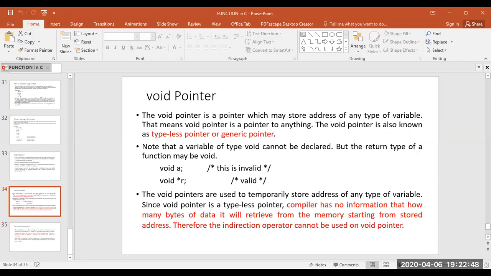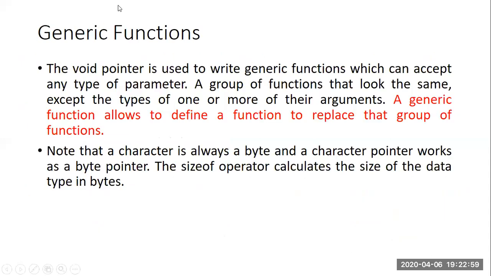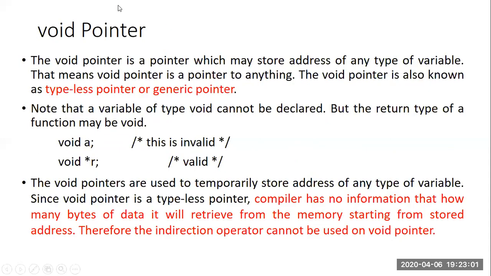What is a null pointer? I just discussed it. What is a void pointer? It's a typeless pointer, or better to say, a generic pointer. What is the meaning of void pointer? A void pointer is a pointer which may store the address of any type of variable.